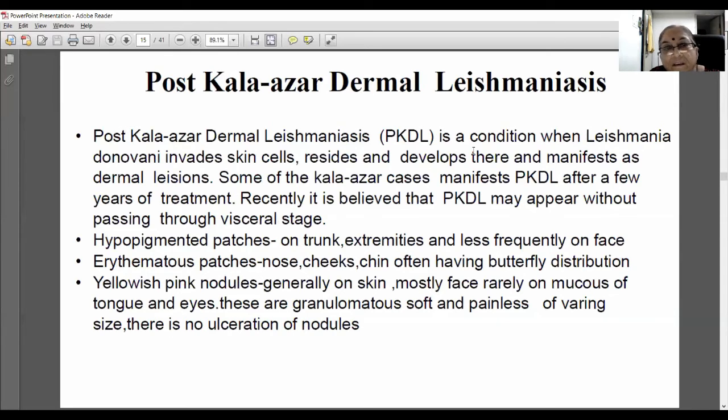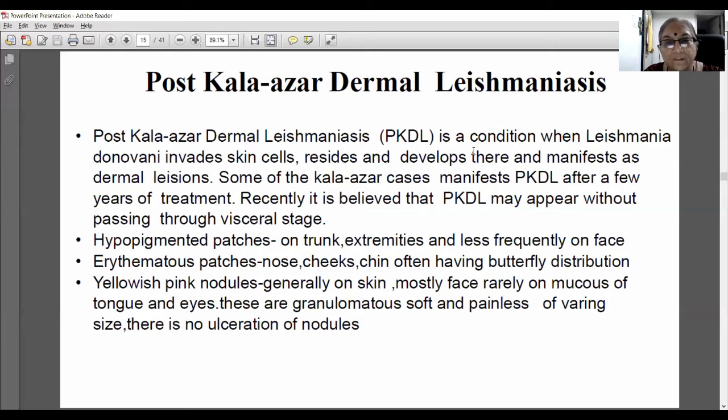You will see erythematous patches on the nose, cheeks, chin, and sometimes a butterfly distribution, that is, on both sides of the nose, with erythematous patches on the cheeks.